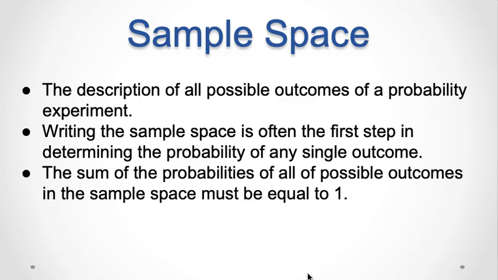For example, in the coin toss activity, the sample space is heads and tails. The probability for each outcome is 0.5. Probability of landing on heads is 0.5, and probability of landing on tails is 0.5. The sum of these 2 probabilities, 0.5 plus 0.5, is equal to 1.